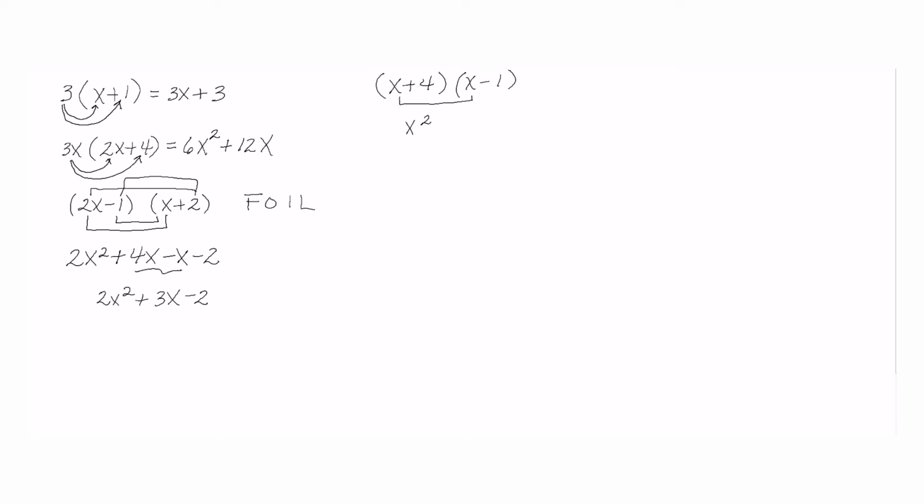Then the outer is going to give us negative x. And then the inner is going to give us plus 4x. And then the last gives us 4 times negative 1, which is negative 4. Combine our two middle terms, so that's going to give us x squared plus 3x minus 4.